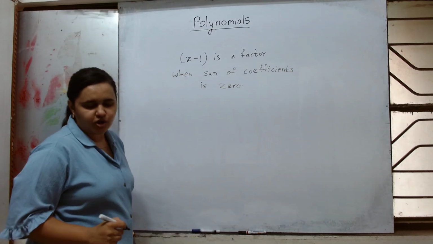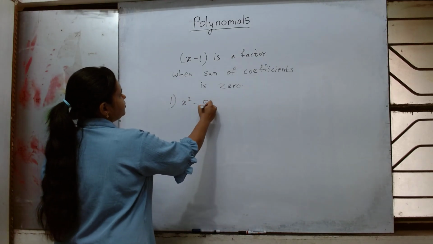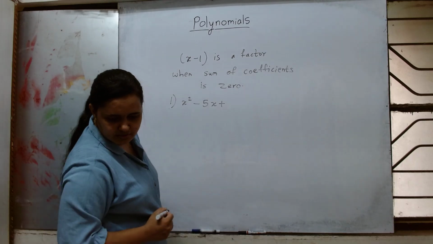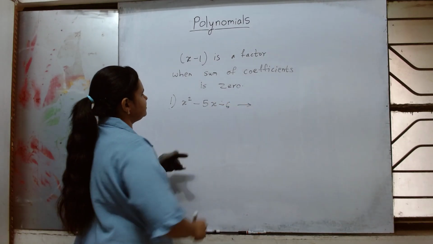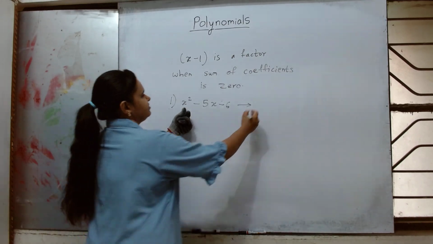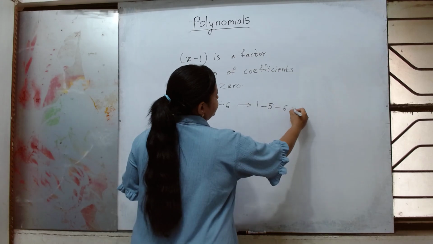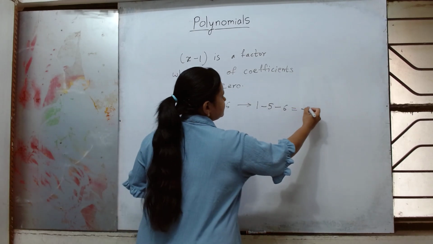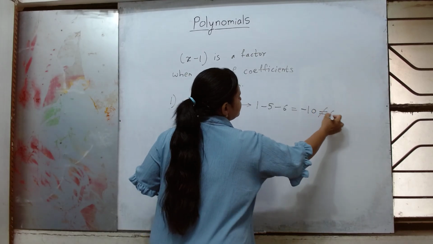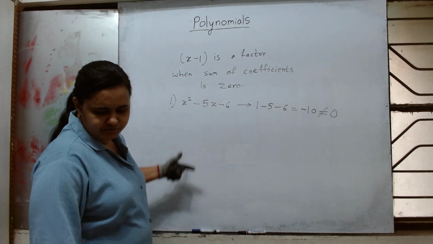Now let us take options. First option is x square minus 5x minus 6. So we can sum the coefficients 1 minus 5 minus 6. It will be equal to 1 minus 5 is minus 4 minus 6 is minus 10. It is not equal to 0. Therefore x minus 1 will not be the factor of first option.